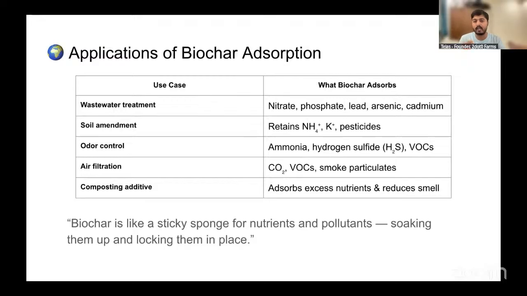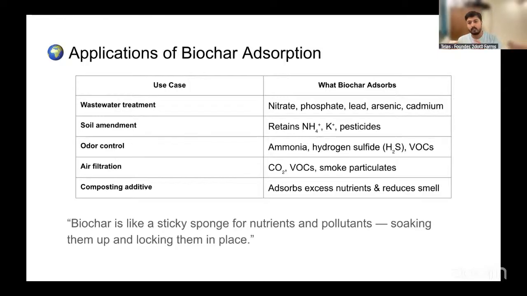And biochar can absorb those and clean the water, make it less harmful. Soil amendments: it helps us retain our nutrients, and it also sometimes helps immobilize pesticides that may be in large quantities already in our soil.